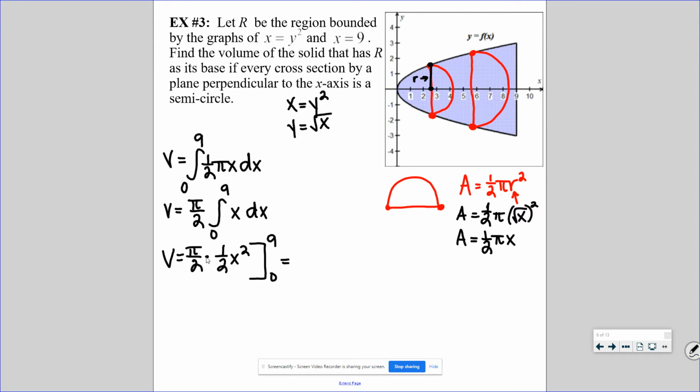I think I'm going to do 1/2 times pi by 2 and call it pi by 4. And now I'm going to plug in. So I have 9, and I'm plugging in 0, and solve. And let's see, this looks like it's going to be 81 pi over 4.